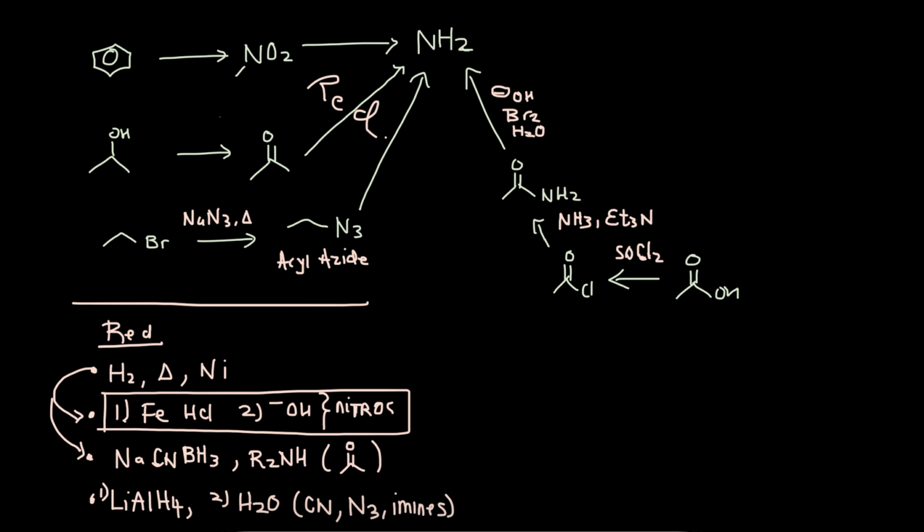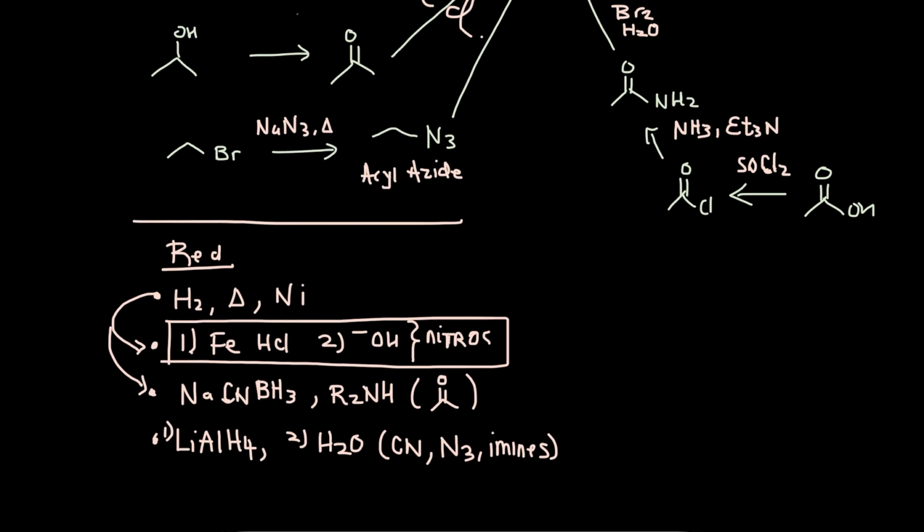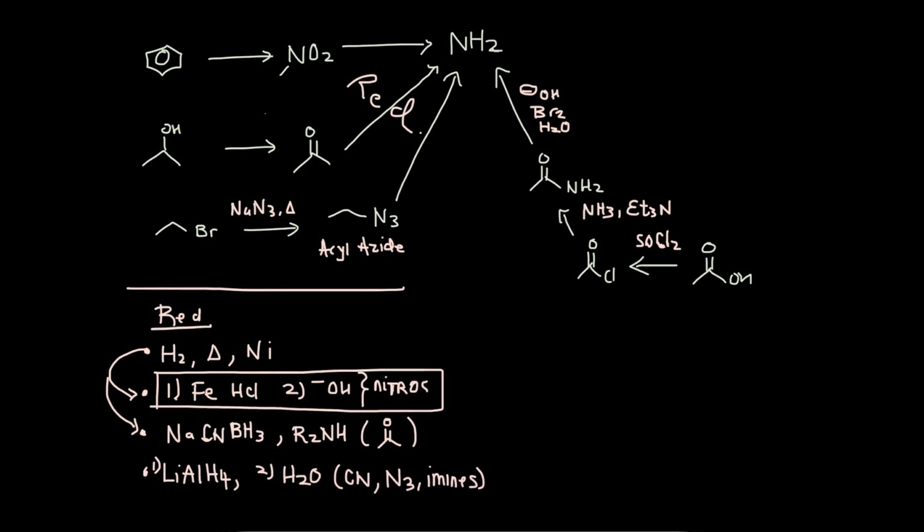And as for reduction methods, quick recap, you could use reductive amination, which involves this and this, to convert aldehydes and ketones into amines. If you want to convert nitro into amines, you could use this hydrogenation, or you could use the iron and acid.